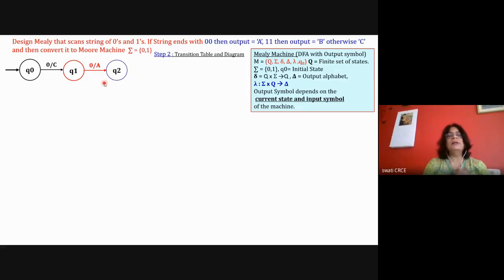So I have drawn the minimum length diagram. My machine may have the minimum string 0, 0, and the output generated will be CA.